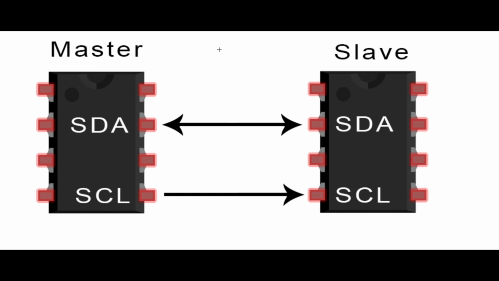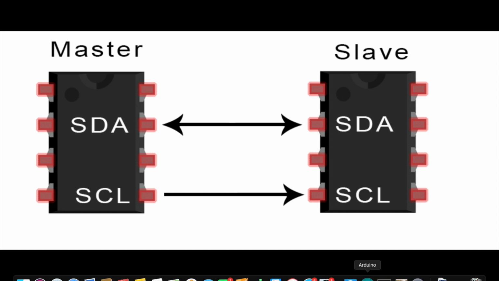In I2C, synchronization is needed, so output of bits is synchronized to the sampling of bits by the clock signal shared between the master and the slave. Our OLED has SDA and SCL lines. We connect our OLED with the Arduino through the I2C protocol, so we are using SDA to SDA connection and SCL to SCL connection.